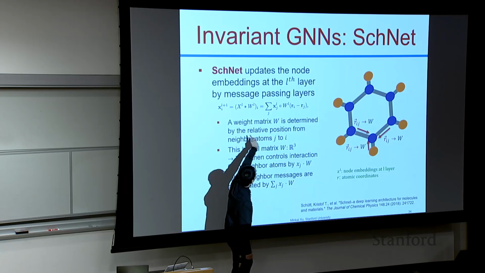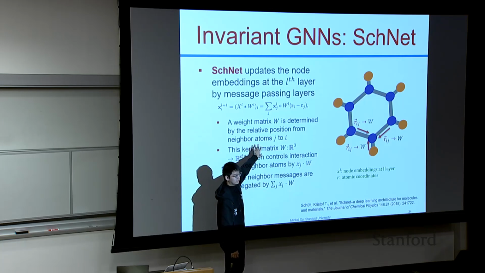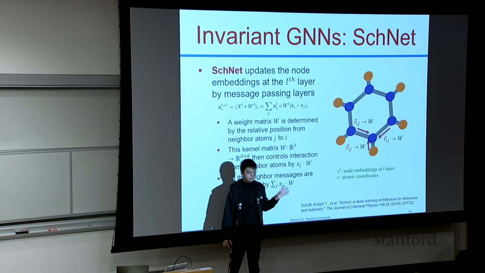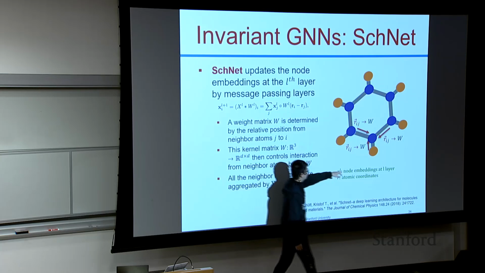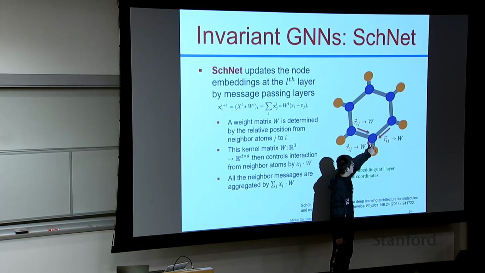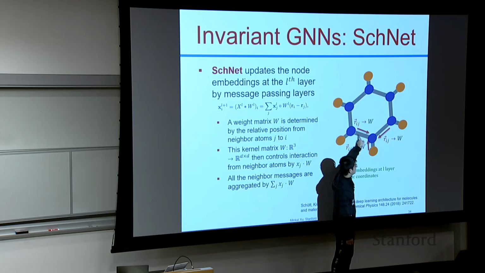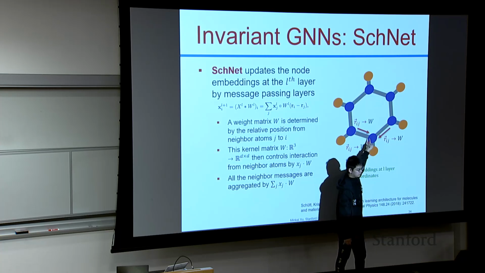W is some neural network, you can understand. When we want the embedding of this node, we first calculate all the directions from the neighborhood to this node.